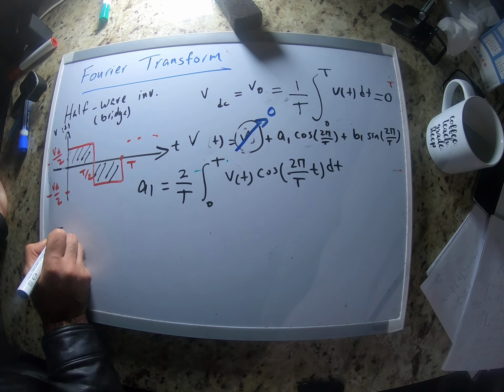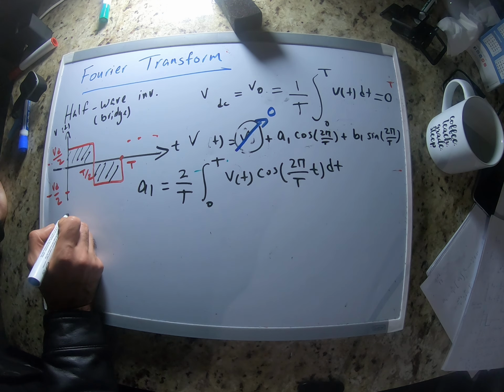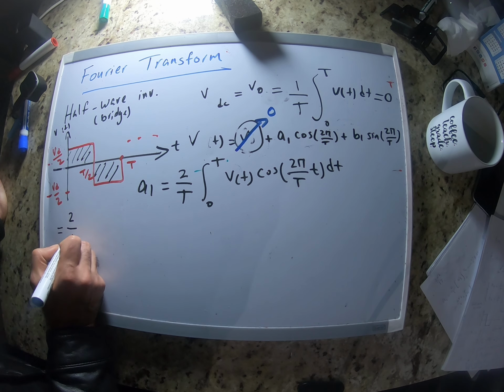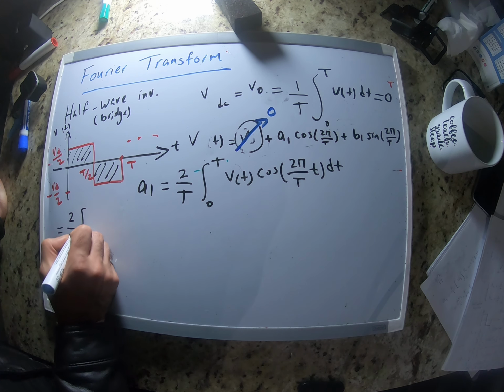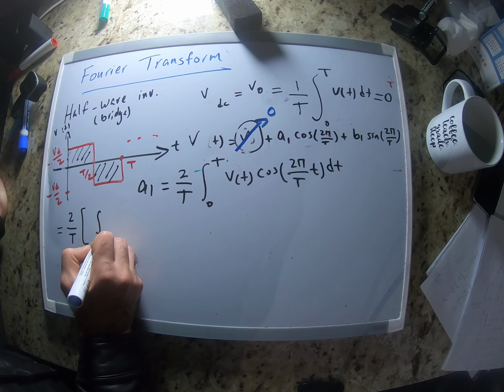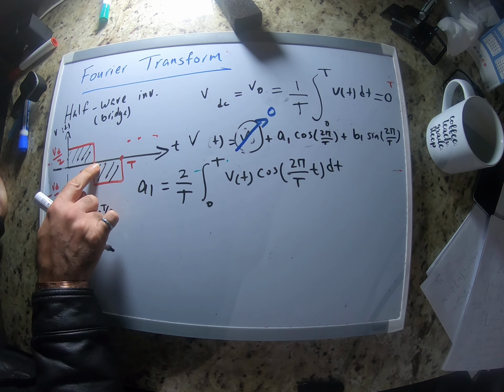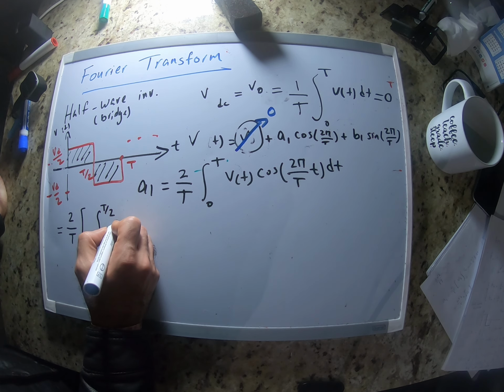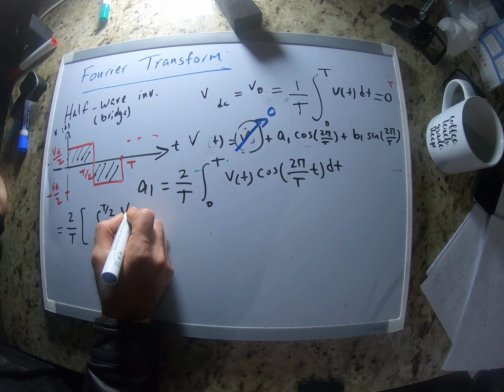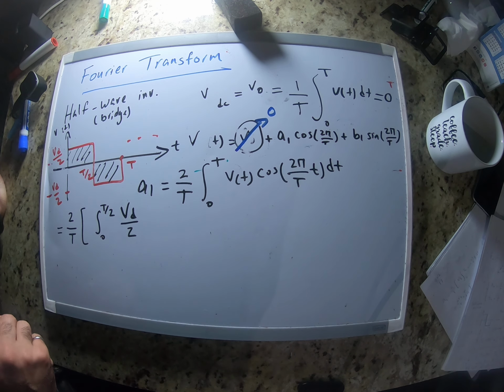So I'm just going to break this integral into two integrals: 2 over T times the integral from 0 to T over 2. From here to here, v of t is equal to Vd over 2, right?